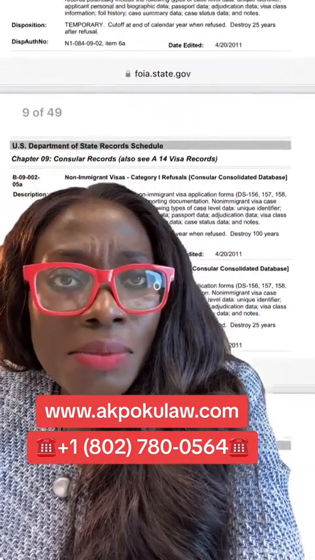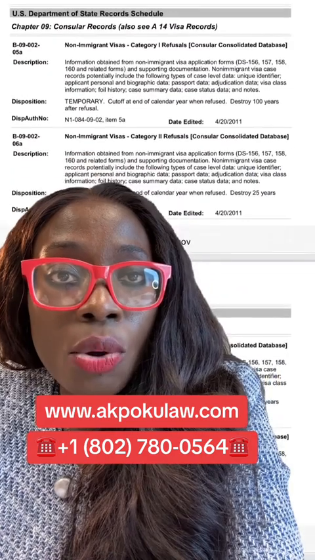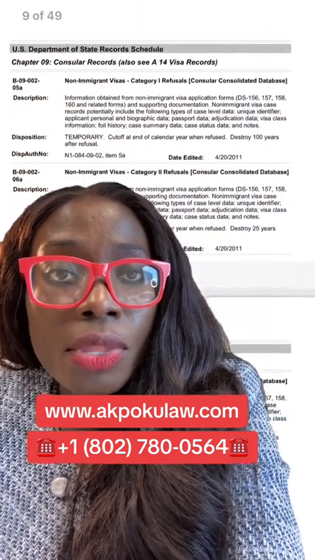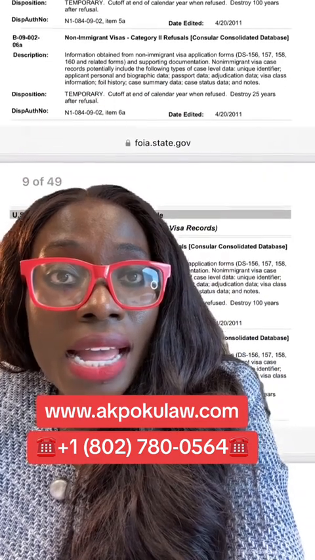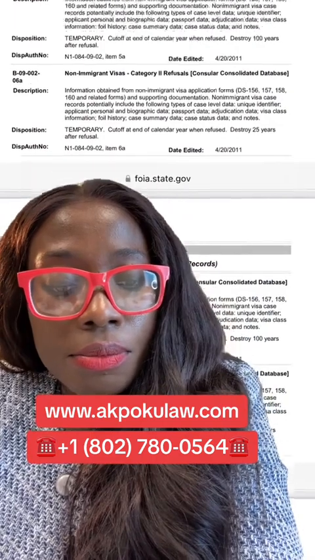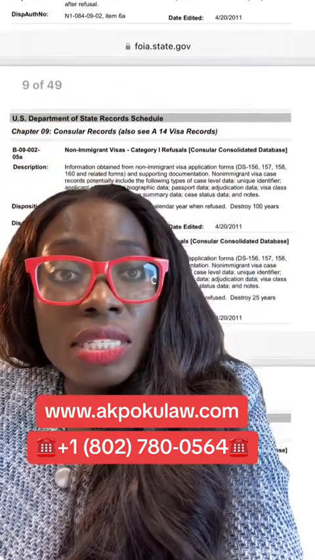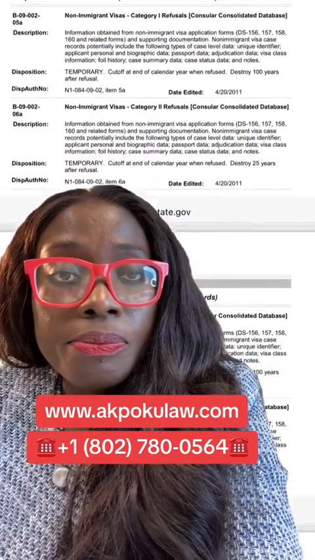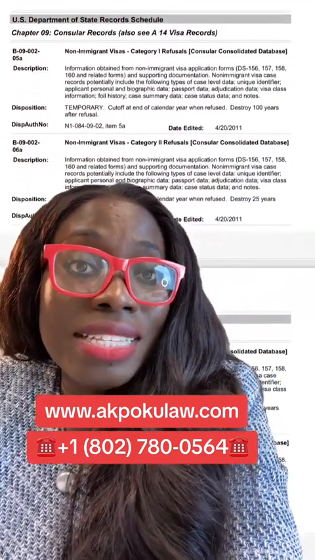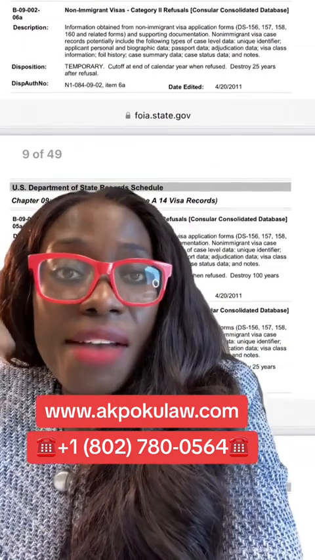It contains the same type of information: your biodata, your biographic data, case status data, case notes, case summary, unique identifier, adjudication notes, all those records. So please just take note that a lot of the records can be maintained and retained for up to 100 years.